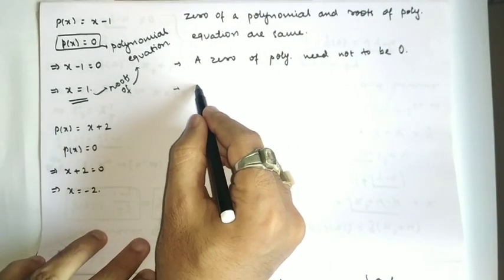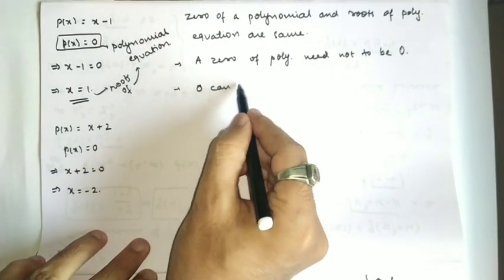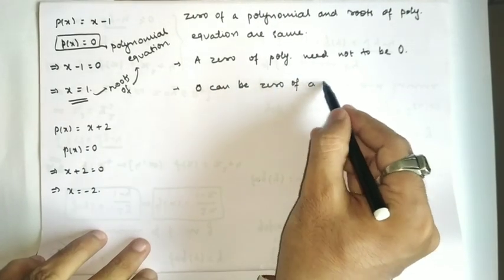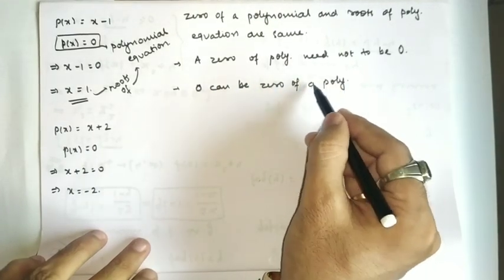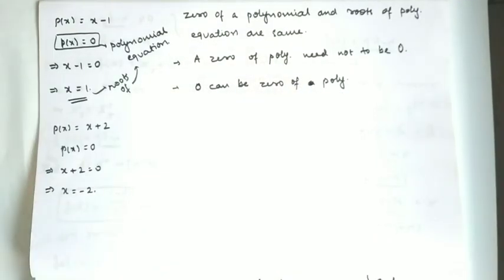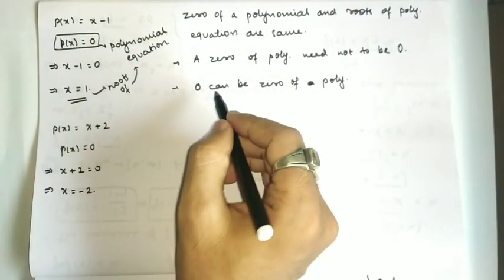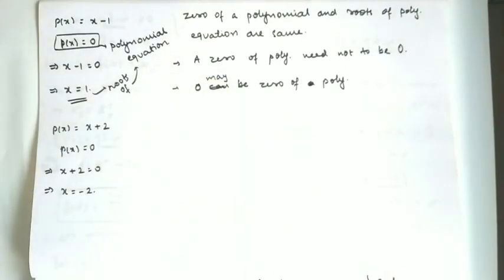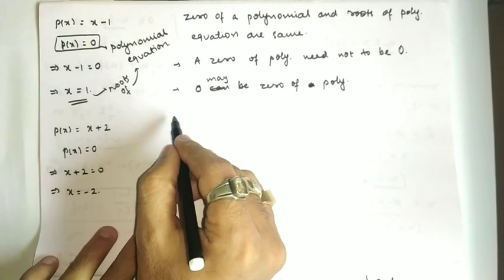Correct. 0 may be 0 of polynomial. What does that mean?